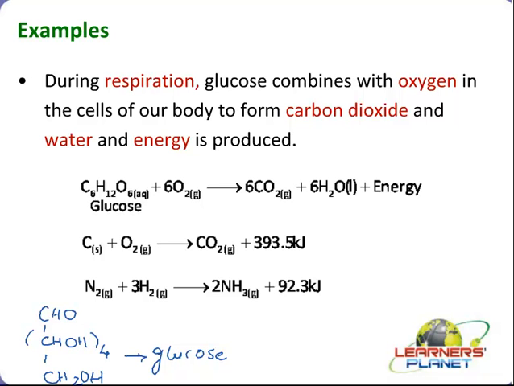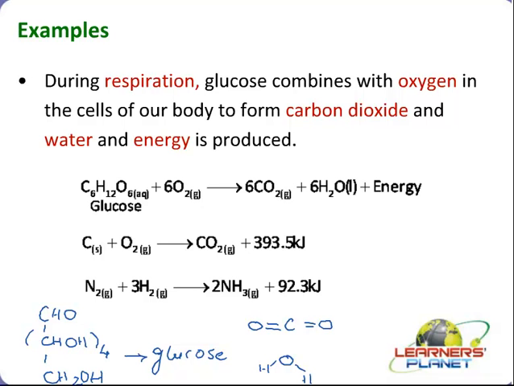So, for the formation of carbon dioxide, the bonds between carbon, hydrogen and oxygen have to be broken, and new bonds have to be formed between carbon and oxygen. This is O double bond C double bond O, carbon dioxide, and water is H-O-H.